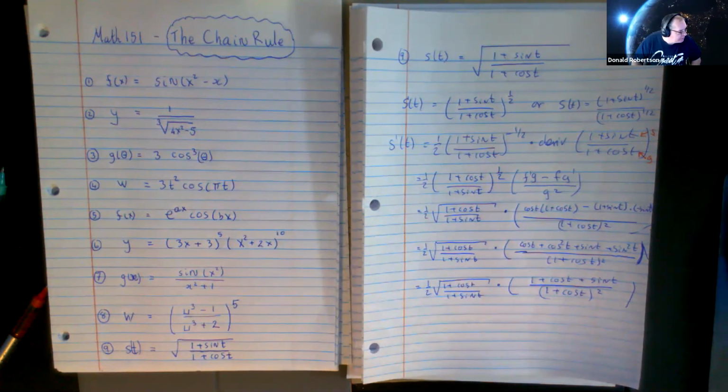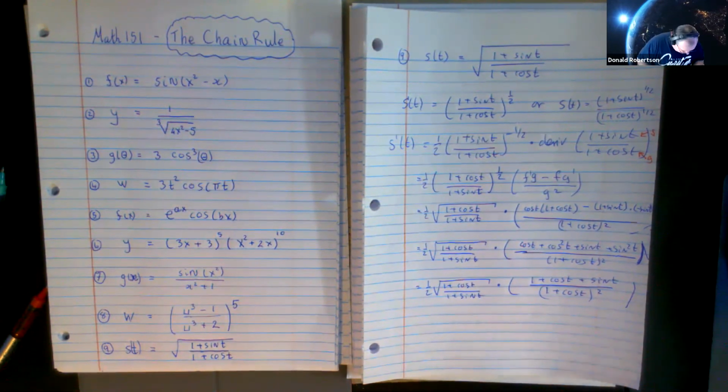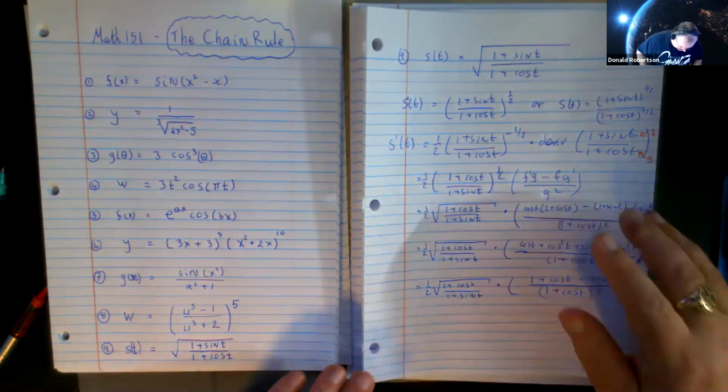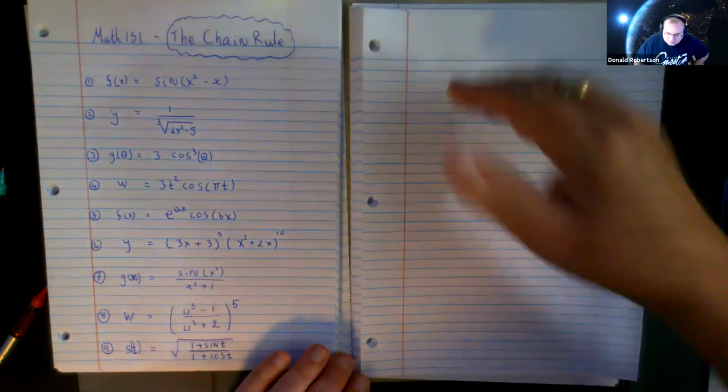So what I want to do now, for the time we've got left, is look at some homework questions. Maybe even do one, especially the last one. And we'll just focus on what method we would use to differentiate it.